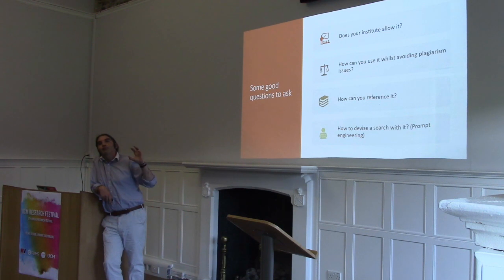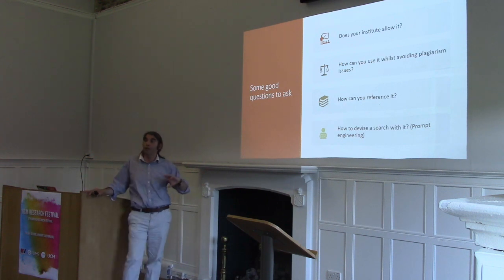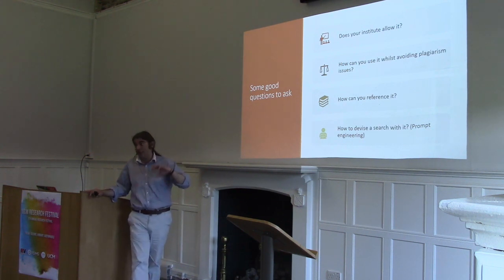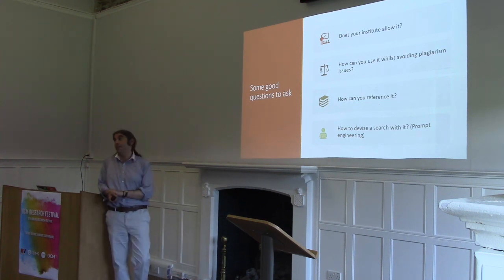But APA produce a blog where they explore these issues and discuss exactly how to do it. Up until recently they said it should be cited as personal communication. Now they say it should be cited in a different way, with the chat engine cited as the author. So have a look at APA to find out exactly how to reference it.